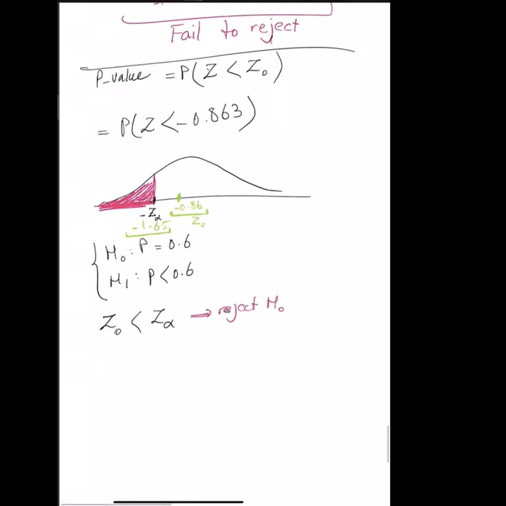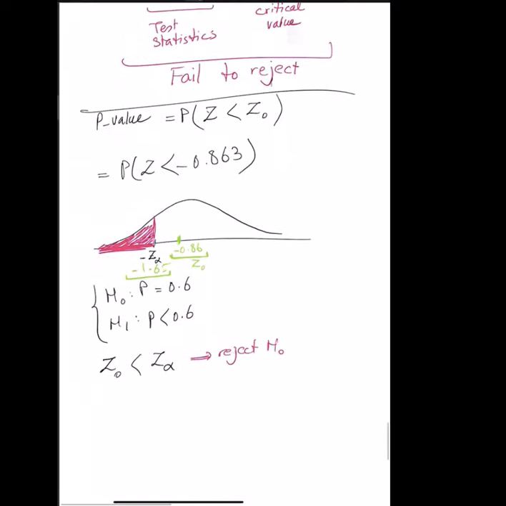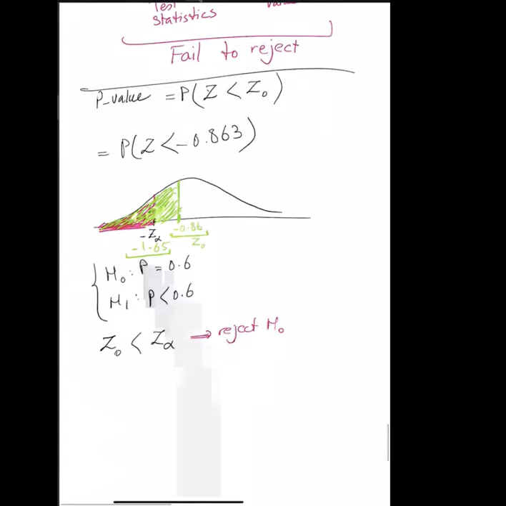Now, if I want to calculate p-value, it is basically this green area. So p-value tries to calculate the probability that your random variable z is less than your test statistics in this one-sided test.